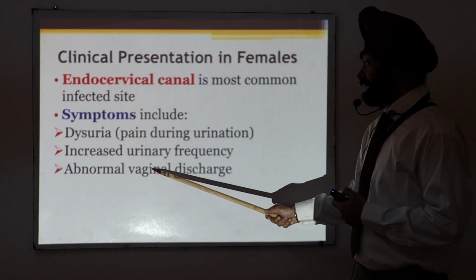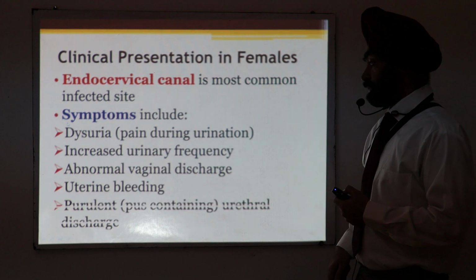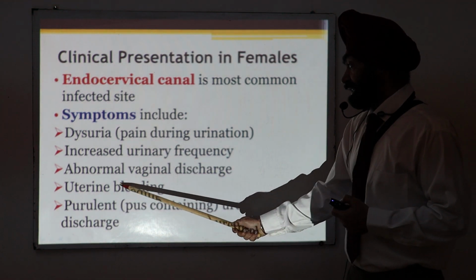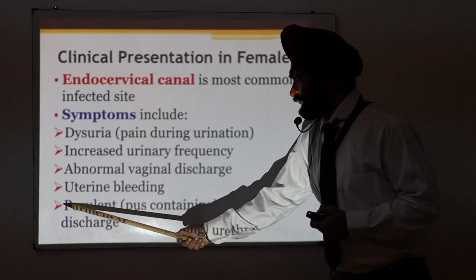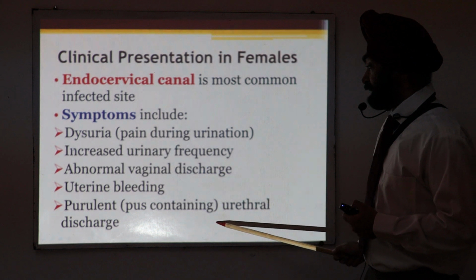Then abnormal vaginal discharge, and sometimes there may be bleeding from the uterus. Again there is a discharge, and this discharge contains pus, a purulent discharge.